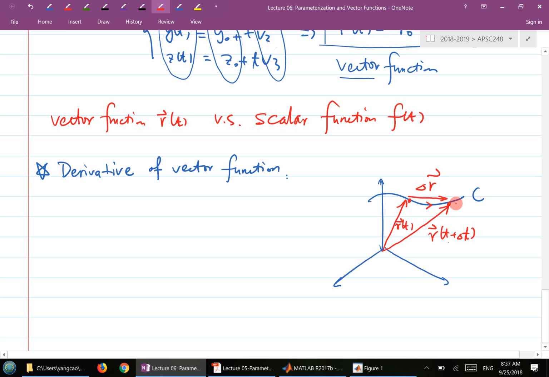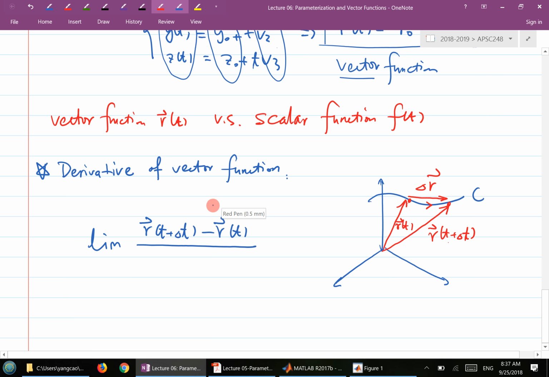Talking about the derivative means I'm going to use the final position vector minus the initial position vector. So r of t plus delta t minus r of t gives us delta r here.